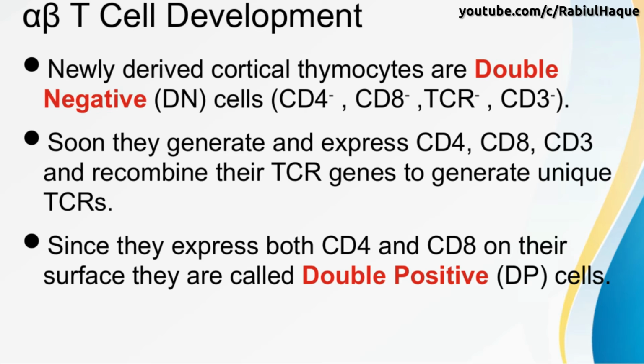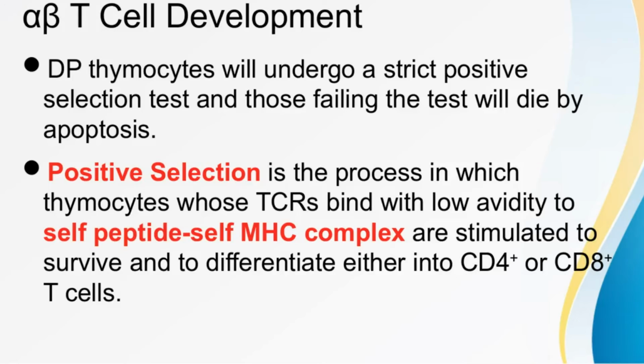Soon they will generate and express CD4, CD8, CD3, and also they will recombine their T cell receptor genes to generate unique T cell receptors. Since now they are expressing both CD4 and CD8 on their surface, the developing cells will be called double positive or DP cells.